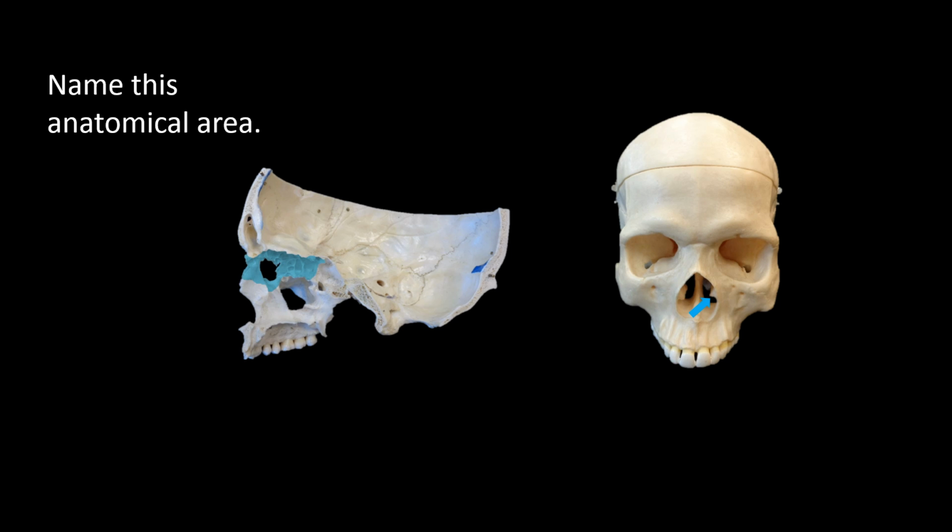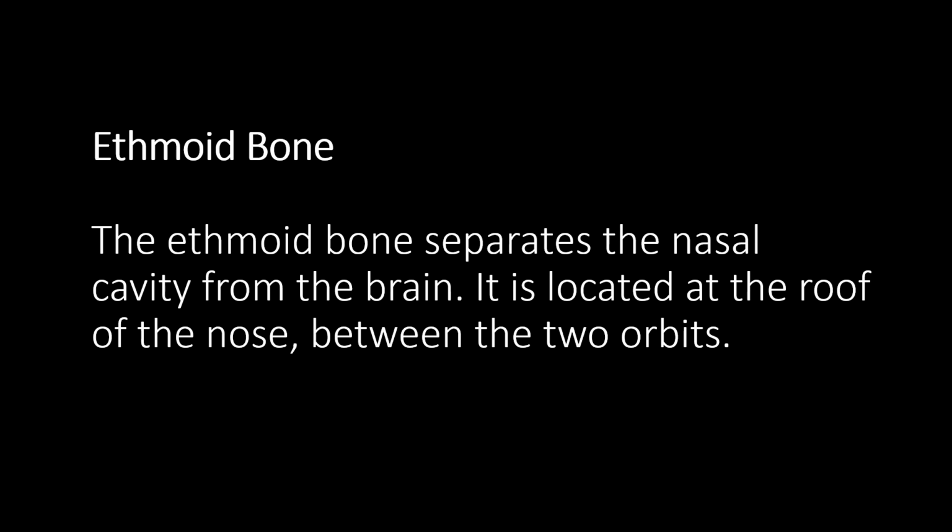Name this anatomical area. Ethmoid bone. The ethmoid bone separates the nasal cavity from the brain. It is located at the roof of the nose, between the two orbits.